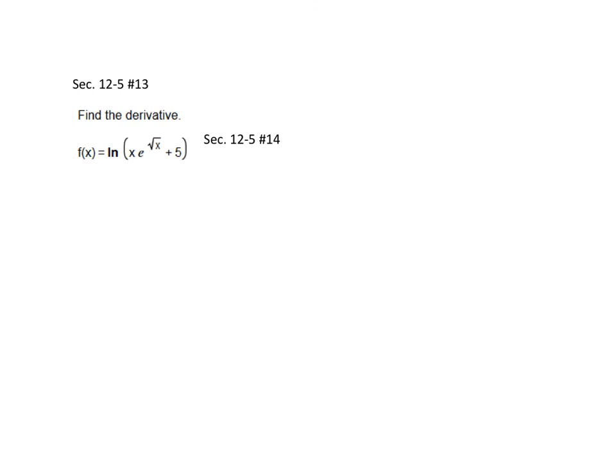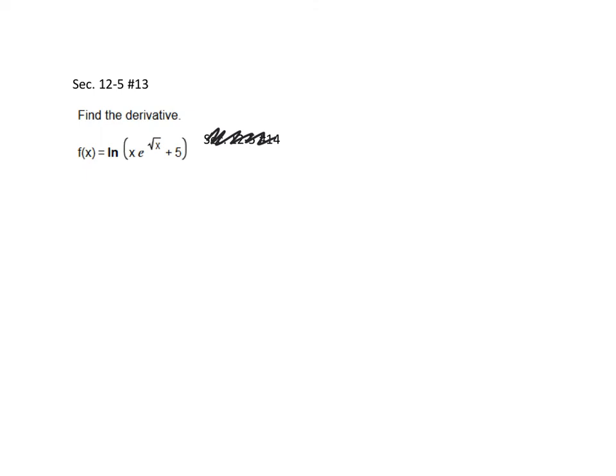So here we have 12.5, number 13. And there's a little bit of stray information here, so we will just simply ignore that stray piece of information. That actually goes on the next slide. It says to find the derivative, and here again we're going to use chain rule.